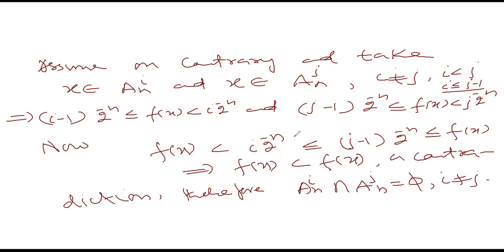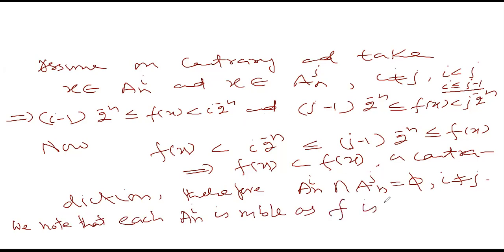Now we define these step functions. First we note that each A_{n,i} is measurable as f is measurable, because each A_{n,i} is actually the inverse image of the semi-closed interval from (i minus 1) 2 power minus n to i 2 power minus n.